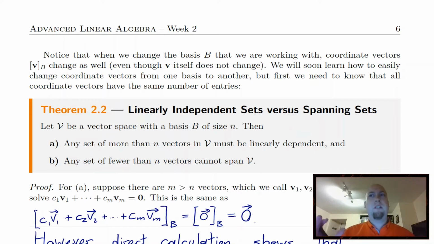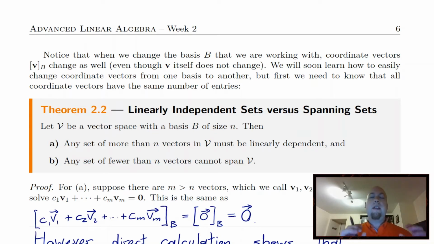And all of those vector spaces and vector spaces in general have multiple different bases, and they can look very different from each other. Okay, but there's one important property of bases that does not change from one basis of a vector space to another, and that is how many vectors are in the basis.